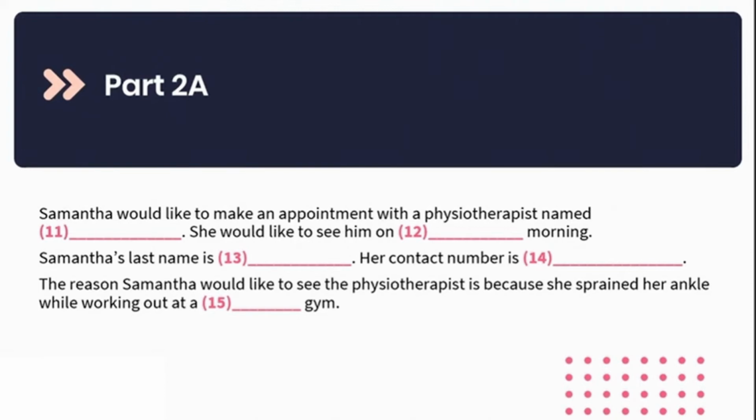Samantha Rogers. And how do you spell that? That's Samantha, Rogers. Rodgers. Okay, wonderful. And your contact number, please? 555-0121. Great, thank you.